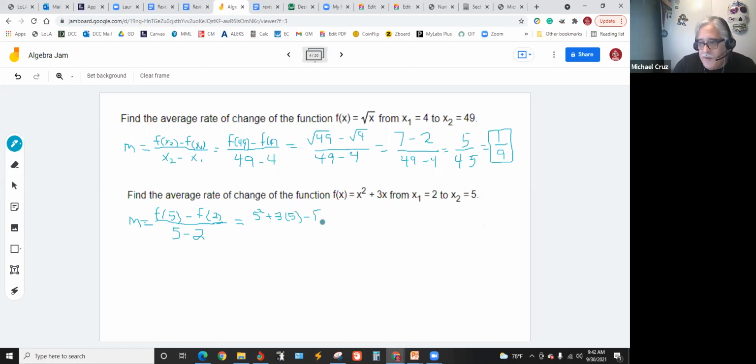And you got to put in parentheses. I mean, you got to put up something there, a big parentheses or a bracket, because you're going to subtract whatever comes. So that's 2 squared plus 3 times 2.